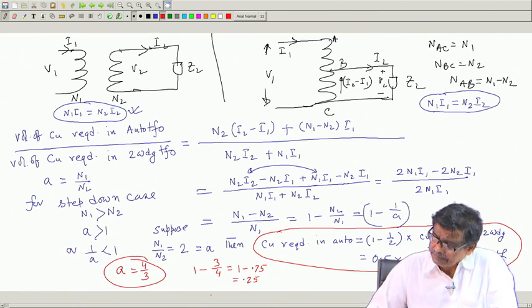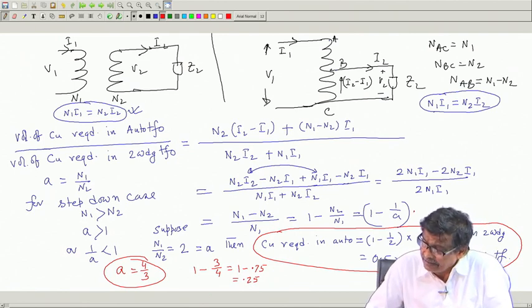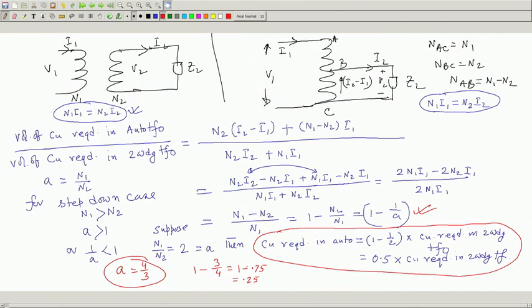It looks like that it depends on A. This is the crucial equation, copper required in a 2 winding transformer. But in any case, no matter what is the value of A, if you are stepping it down, it looks like it will be saving copper.